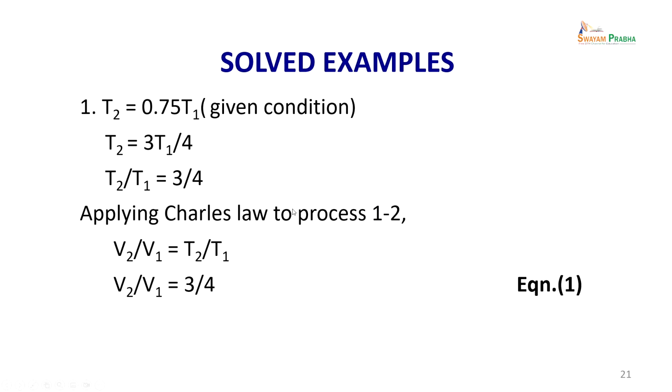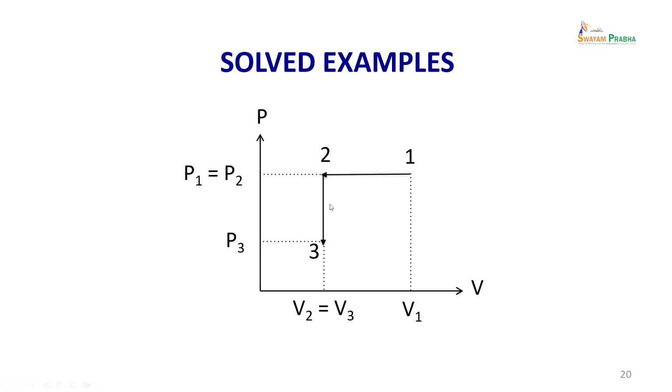Therefore, V2 by V1 is equal to 3 by 4. So, this is about the first process 1 to 2.